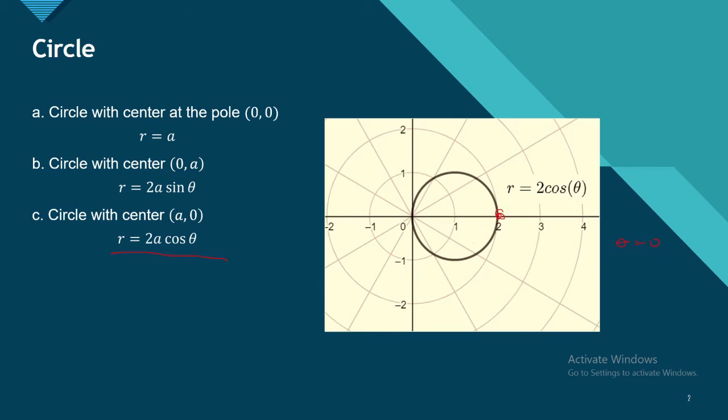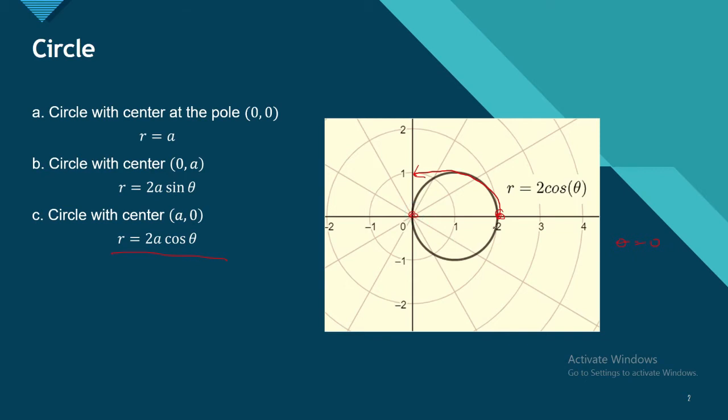And then this is what you do. You trace an angle from 0 to pi over 2. What is r? Well, cosine of pi over 2 is 0. So r is 2 times 0, which is also 0. And that is your point.